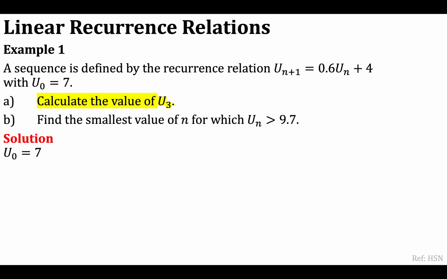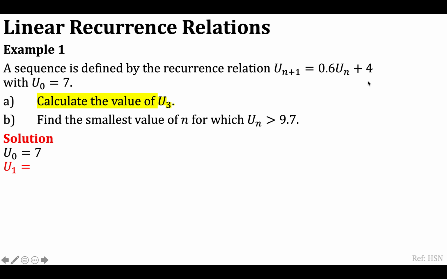We're told in the question that u_0 is equal to 7, so that's useful. If we start to find u_1, we know that u_1 is dependent on the value of u_0. We've also got this formula up here, u_{n+1} = 0.6 u_n + 4.